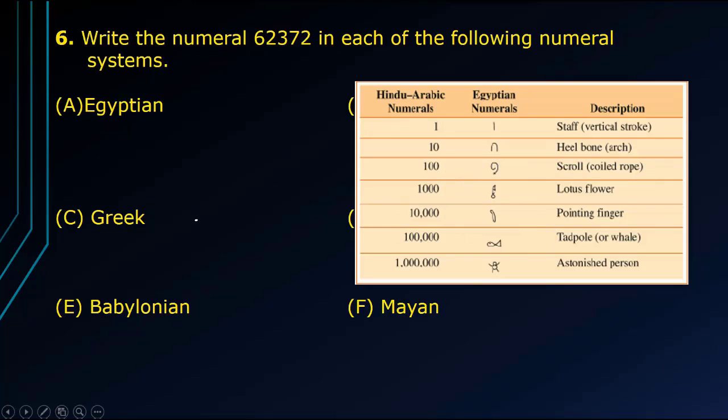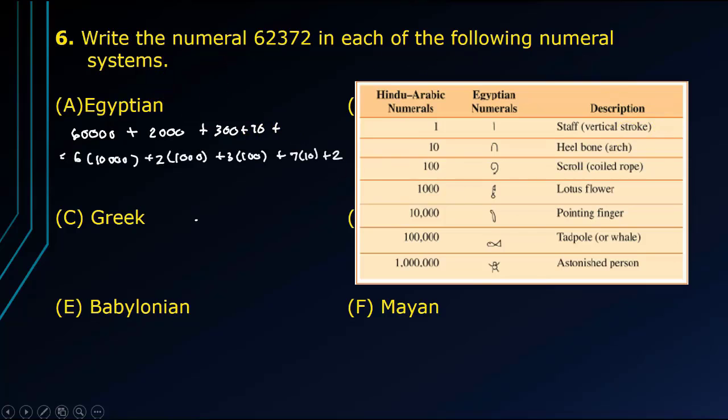Because I have basically here 60,000 plus 2,000 plus 300 plus 70 plus, and it looks like part of it got lopped off here, but it's basically 2. So when I get down to here, I'm going to have six 10,000s plus 2 1,000s plus 3 100s plus 7 10s plus 2 1s, or 6 pointing fingers, 2 lotus flowers, 3 scrolls, 7 heel bones, and 2 staffs.